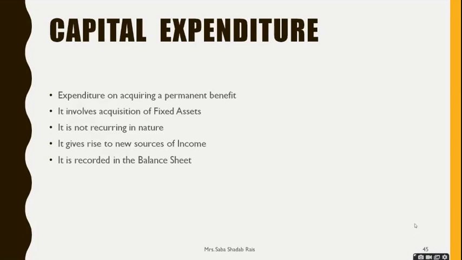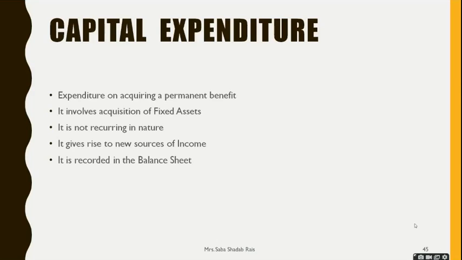Fixed assets are the land, plants, company premises, halls, and so on. This is not recurring in nature. It will give the right to a new source of income. For example, if you have a big hall or big lawn, you can give it for various parties and meetings. You will get extra money, so you can start a new source of income with that.